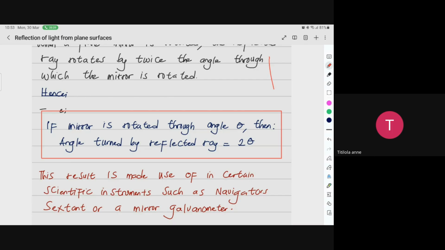These are the two applications in your senior secondary school physics, because these are part of the reference textbook on that syllabus, right? So based on rotation, you talk about the navigator's sextant or the mirror galvanometer, and based on inclination of mirrors, you talk about your periscope, which is what?